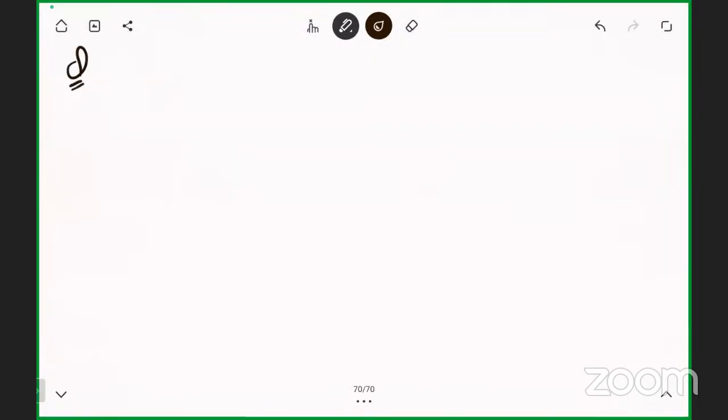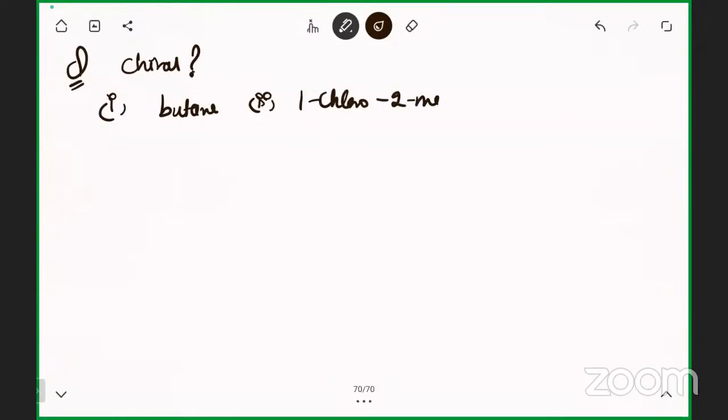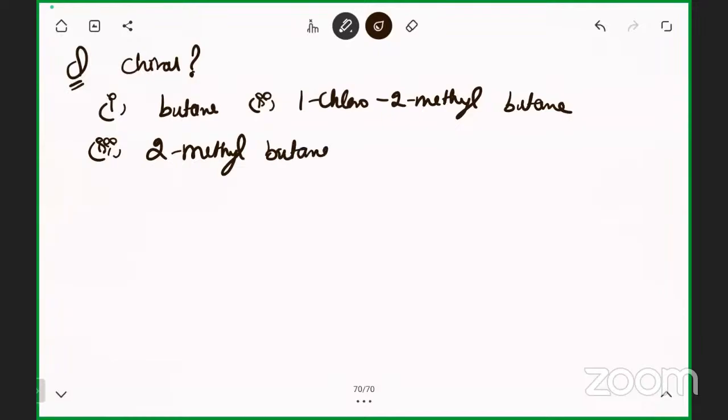Okay, one more question. Which compound is chiral? First one is butane. Second one is 1-chloro-2-methylbutane. Third compound is 2-methylbutane.